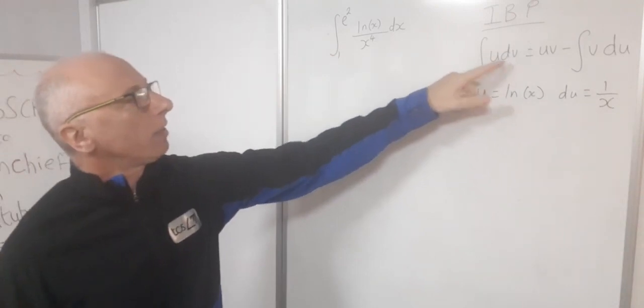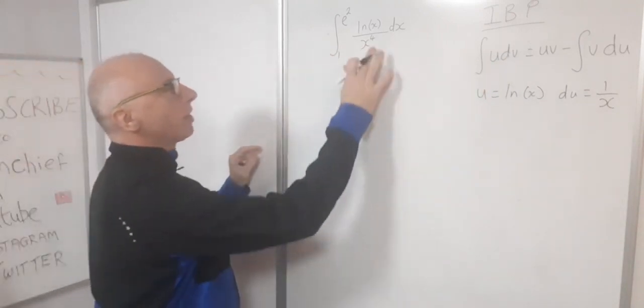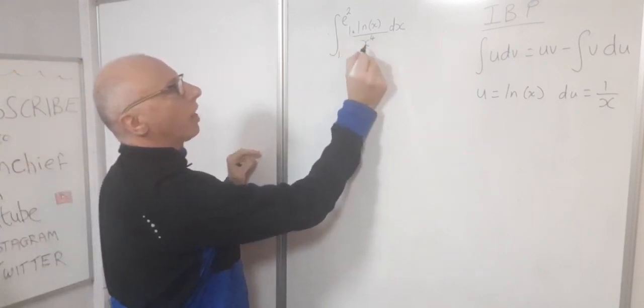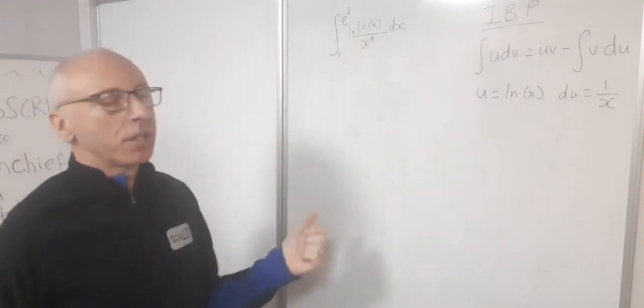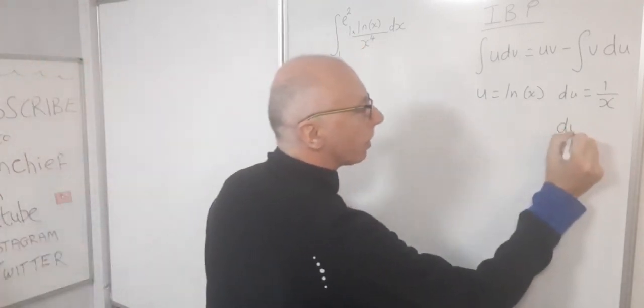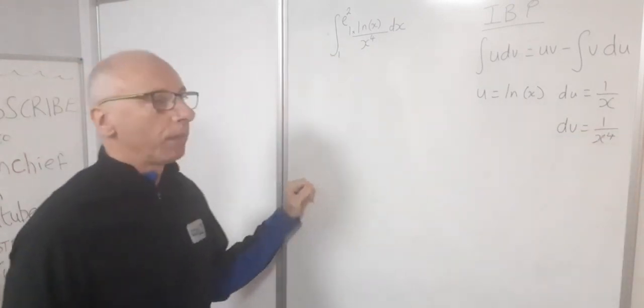So therefore my dv is going to be this x to the power of minus 4. So this is actually 1 over x to the 4, the reciprocal of x to the 4, so just be careful with that. So dv equals 1 over x to the power of 4.